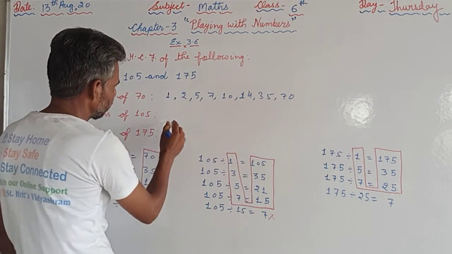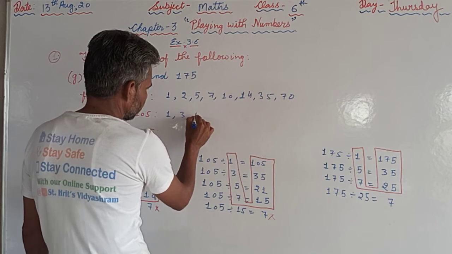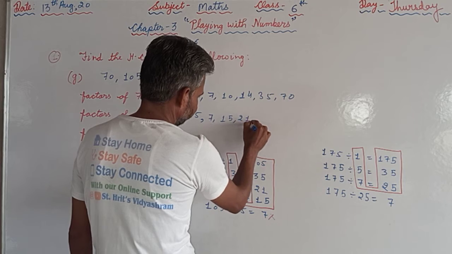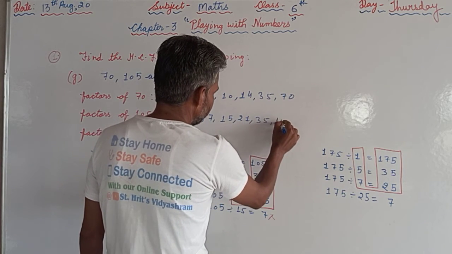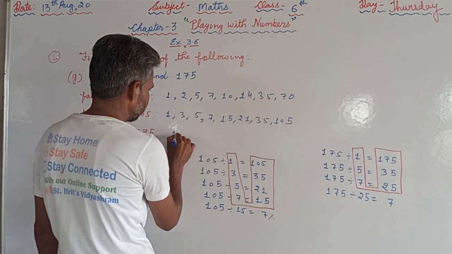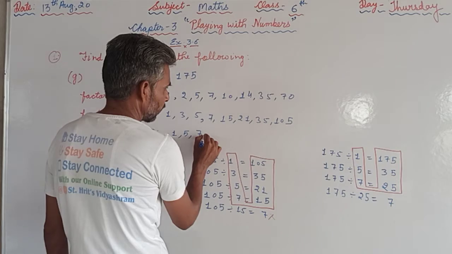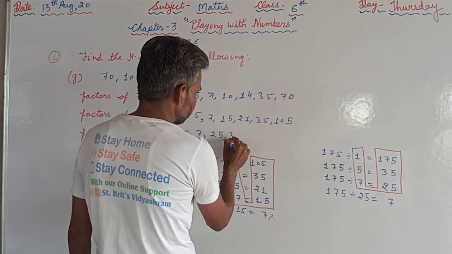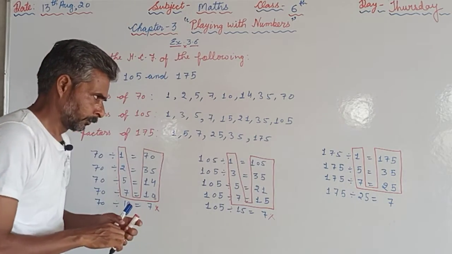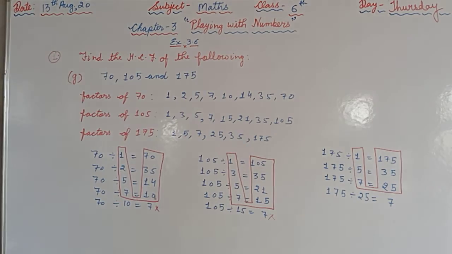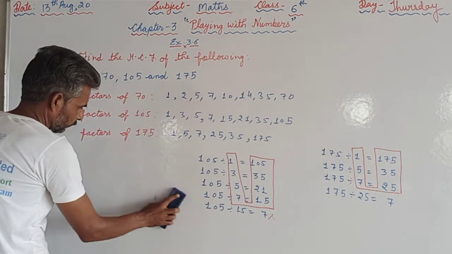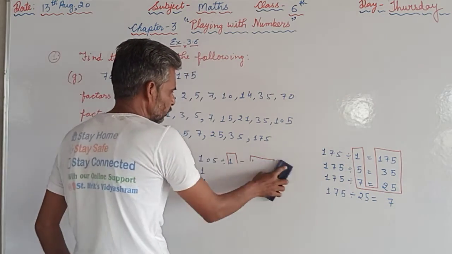Factors of 105 are 1, 3, 5, 7, 15, 21, 35, 105, and the factors of 175 are 1, 5, 7, 25, 35 and 175. So, now we will erase these factors because we do not have sufficient space.